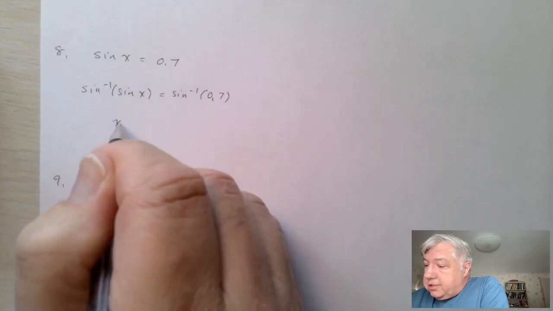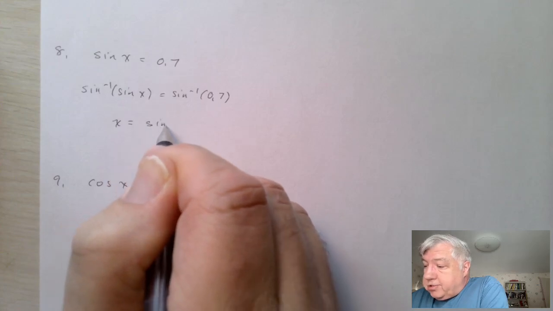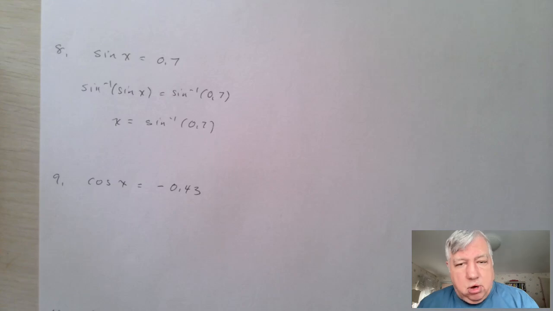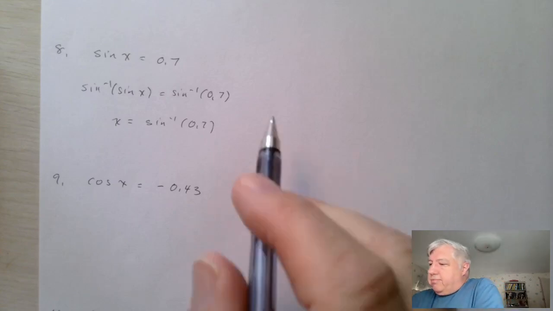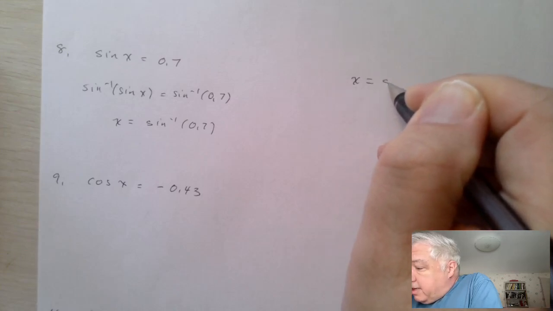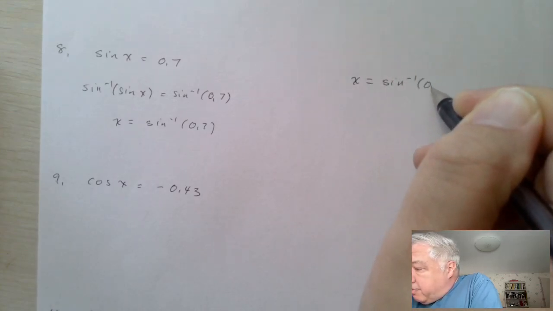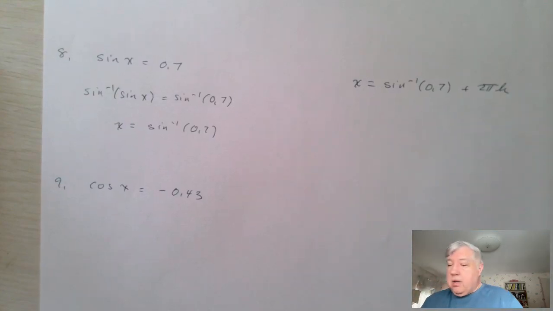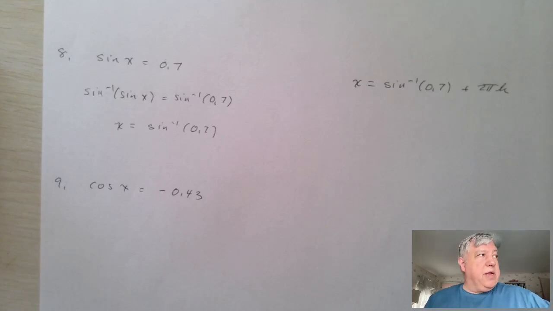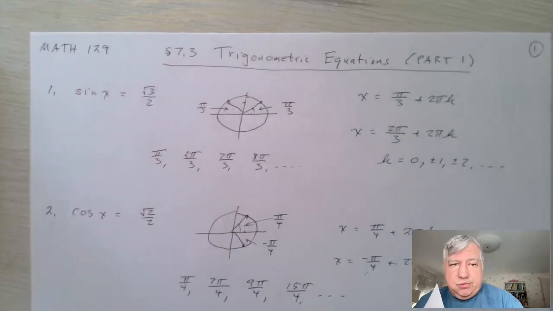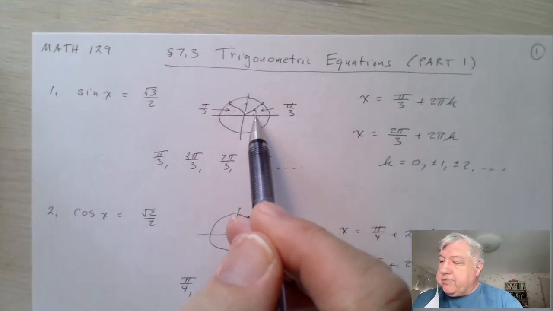And so x is going to be, one of the solutions would be the inverse sine of 0.7. Now there's also another set of solutions. So one set of solutions would be the inverse sine of 0.7 plus 2 pi k. All right. But remember, for other cases when we were doing the sine, there were two solutions, one in the first quadrant.